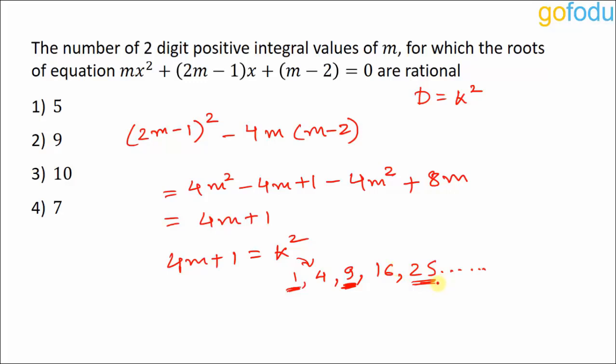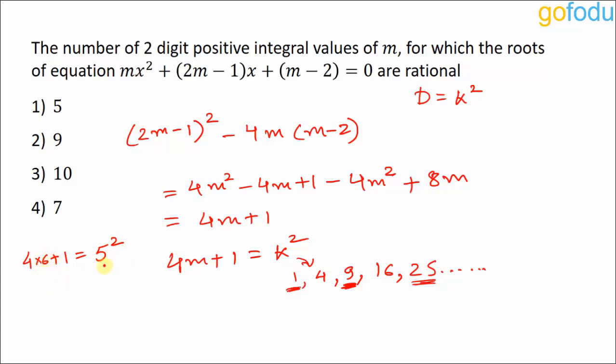So let's see what are the perfect squares which give us two-digit positive integral values of m. If I start from 4 into 6 plus 1, this is 25, that is 5 square, but 6, this is the value of m, 6 is not a two-digit value.